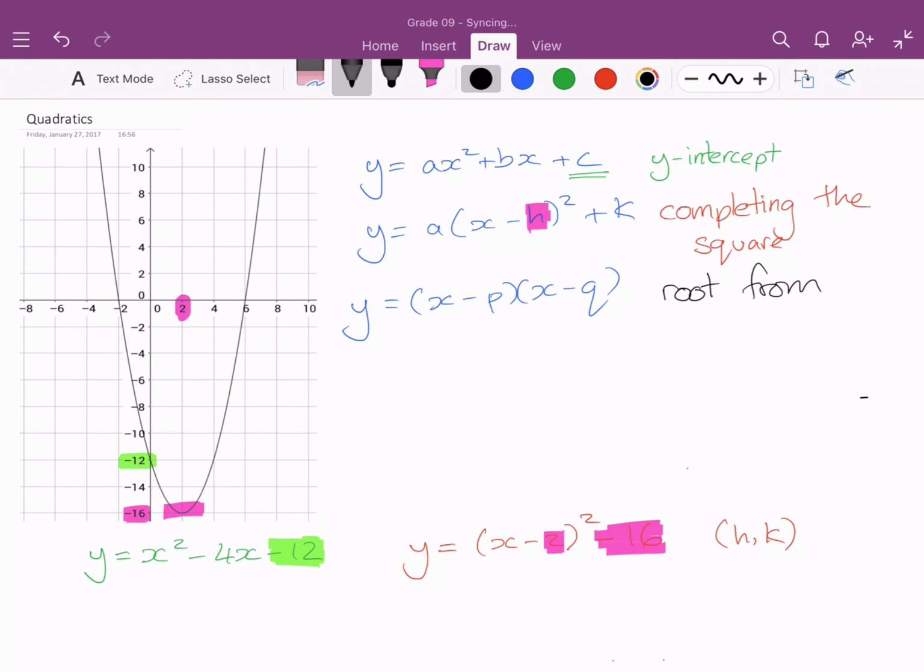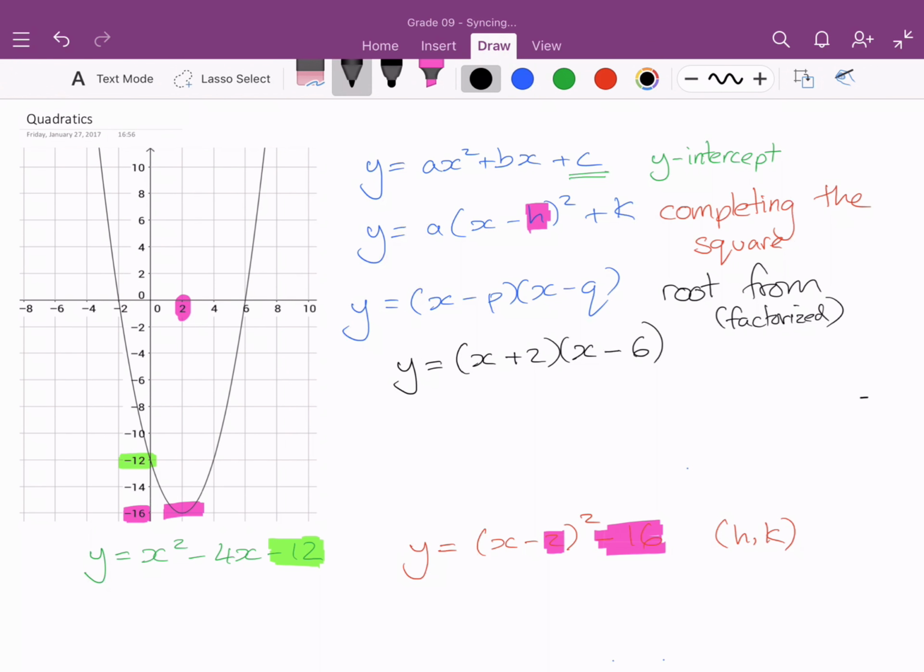So if we have a little look, I will write down what the actual answer to this is. In the root form, it's y equals x plus 2 and x minus 6. Again, if we look at what the standard equation is, x minus p, x minus q, this is where we've factorized and written it in a factorized form. So even though we're saying it's a root form, it is actually factorized.